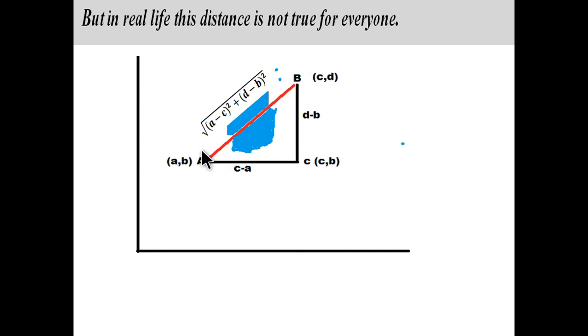At the same time, a man wants to reach point B from point A. Suppose there is a river between these 2 points A and B. Then the man cannot fly. Therefore, his path is from A to C, and after that from C to B. Therefore, the distance between A and B is different in both cases.